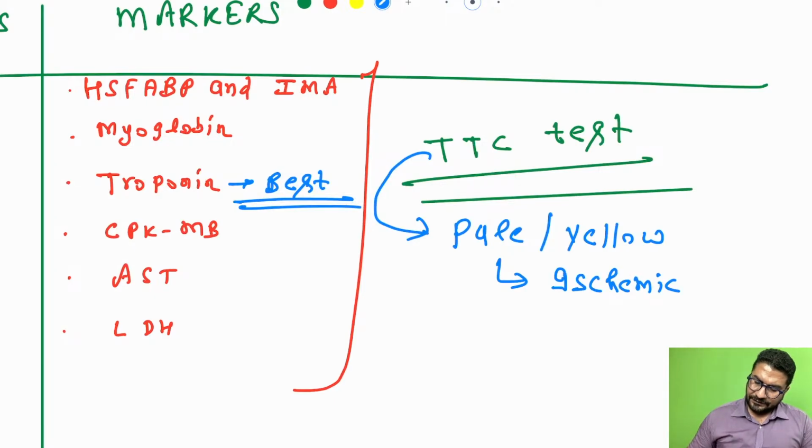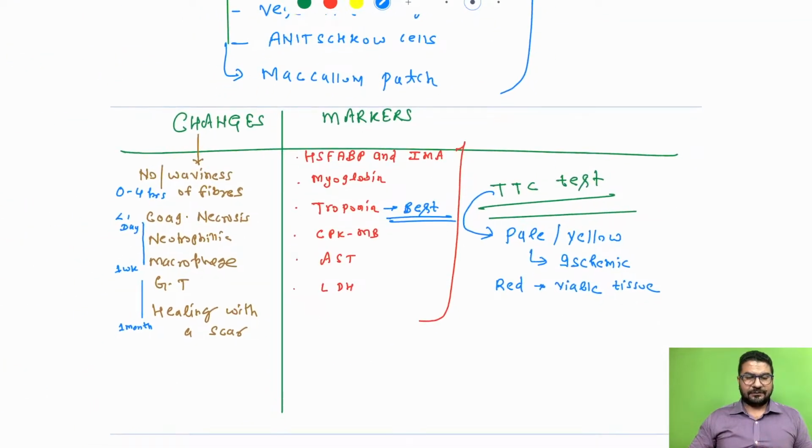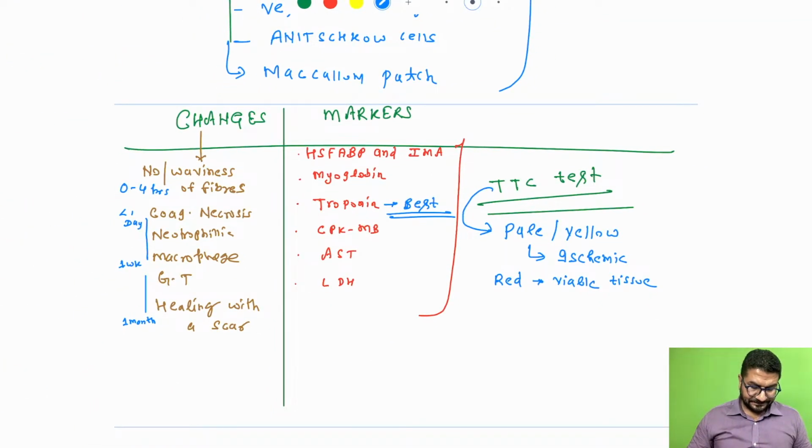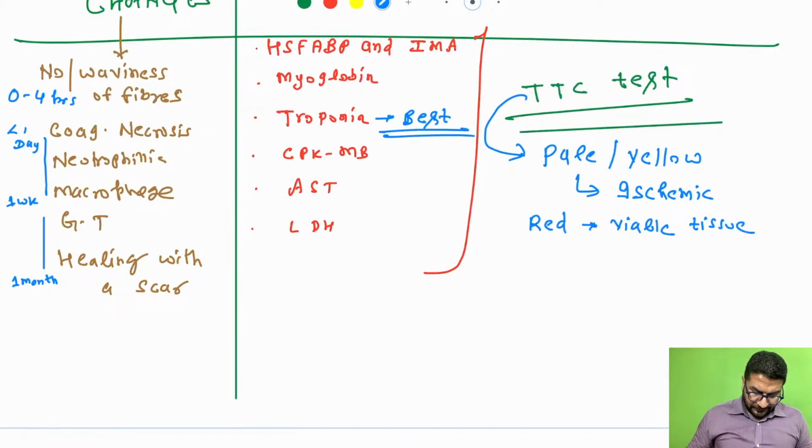But if you see a red color, this red is viable myocardium or viable tissue. This is called the TTC test, which they sometimes ask in the exam. Am I clear?